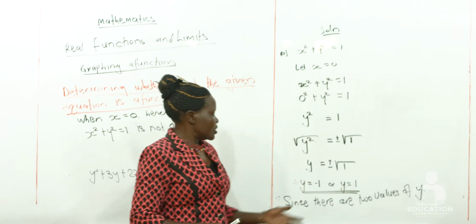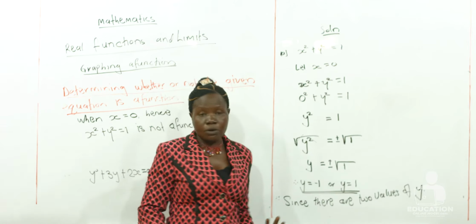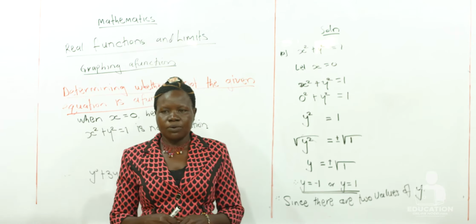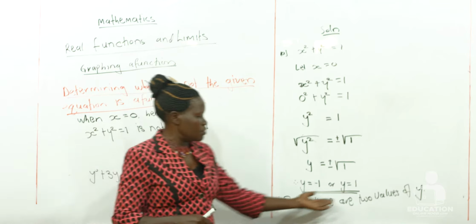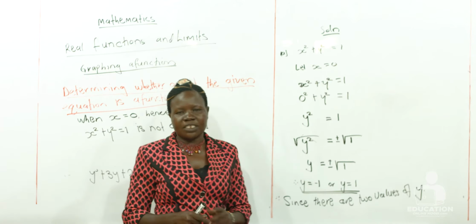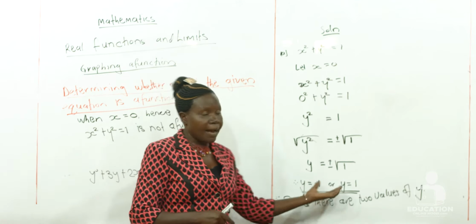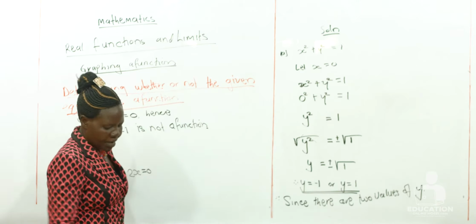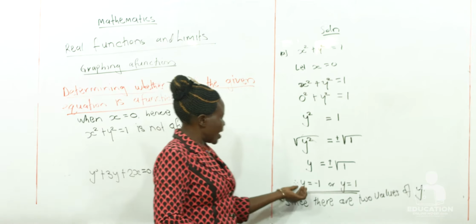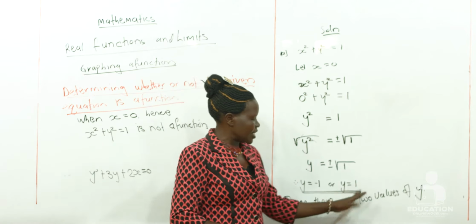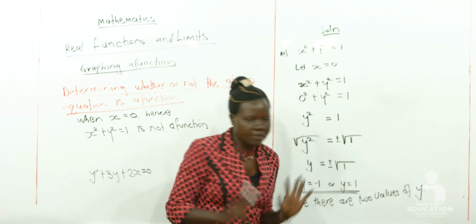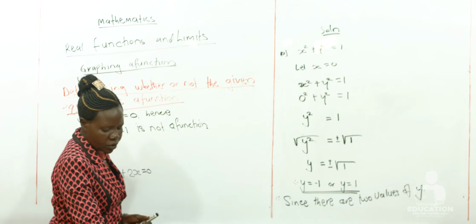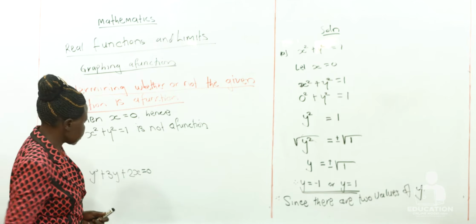This simply tells us that there is no relation that can occur within only yourself. But in case y is carrying something different and x is also carrying something, that there are two variables of different kind, then we say the equation is a function.